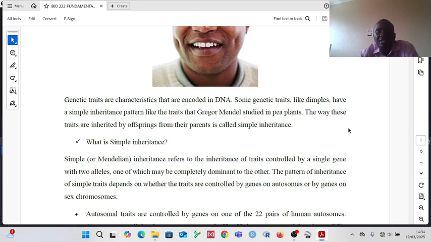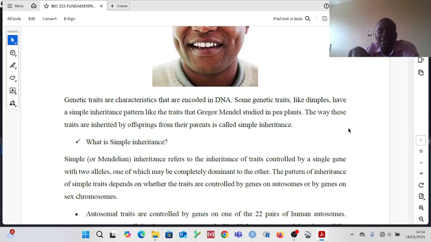But what is more important now is how the inheritance of these simple traits is done, which relies on whether the traits are controlled by genes located either on autosomes or on sex chromosomes.